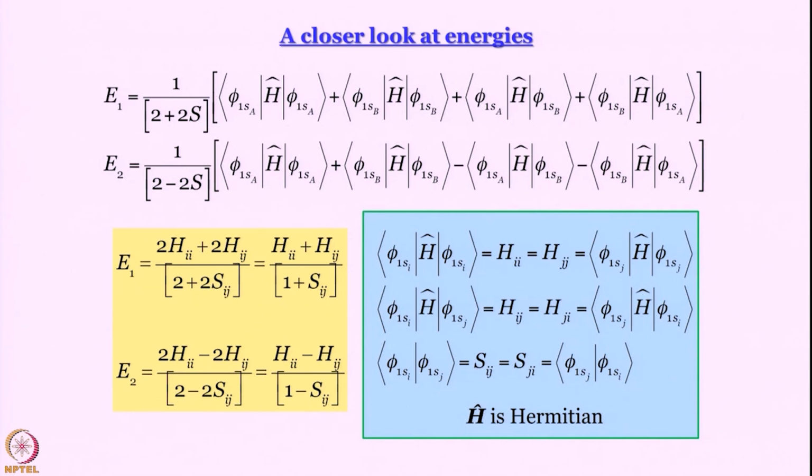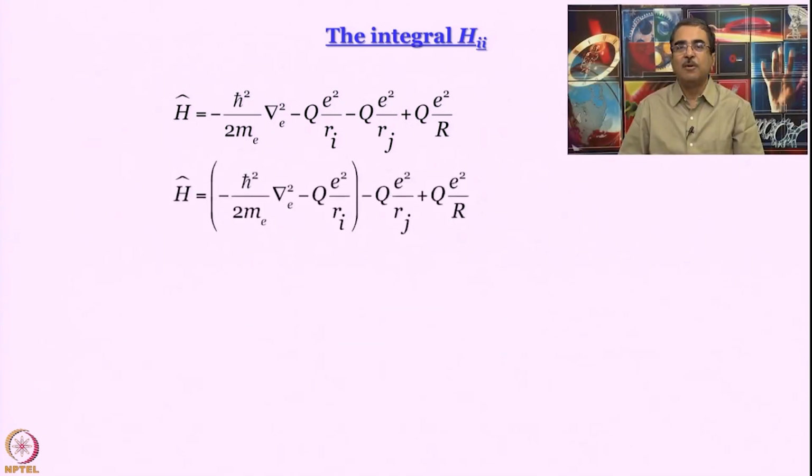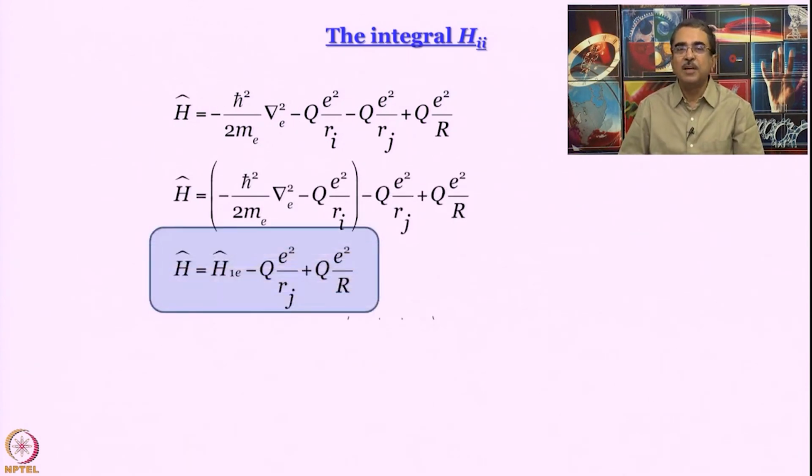What is the next task at hand? We should try to evaluate HII and Hij. We should try to simplify their expressions in terms of some things that we know. So let us do that. To evaluate it, we will write down the expression for the Hamiltonian. Now when I do that, I can take these first two terms in bracket. Isn't it essentially a 1 electron Hamiltonian?